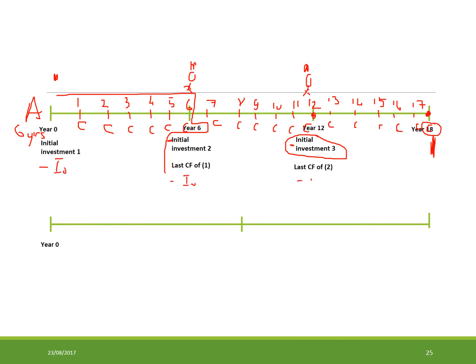And once again, these cash flows are identical, yeah, because we're replacing identical projects, yeah. We then calculate the NPV for all these cash flows, yeah.